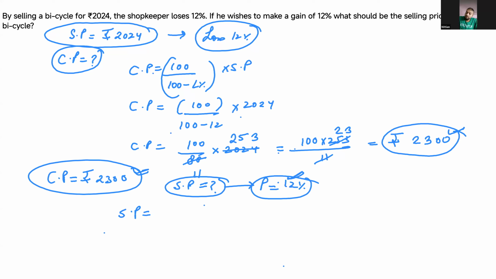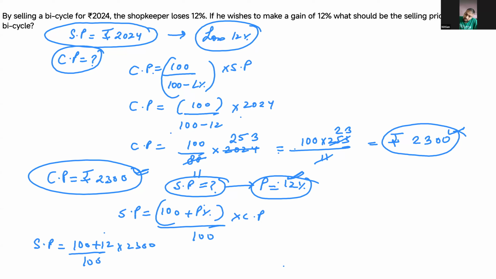SP is equal to 100 plus profit percentage upon 100 into CP. Now I just put the values in: 100 plus 12 upon 100 into 2300. This and this will cut, and it will become 112 into 23. Then we multiply it, and you will get the value of SP.